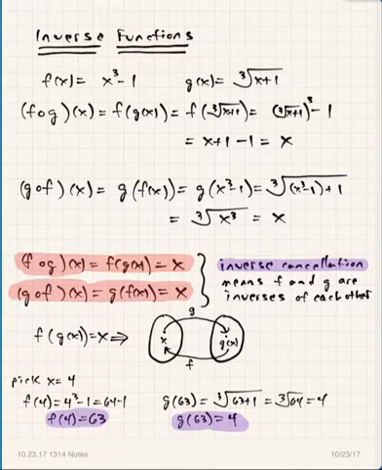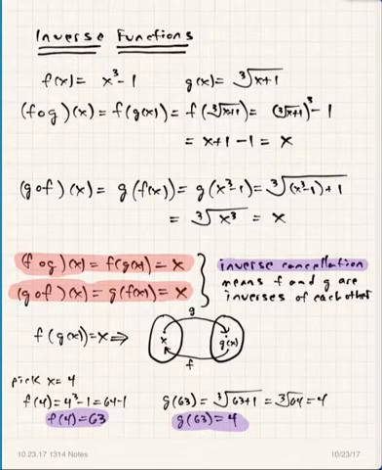So that's a key to two functions being inverses of each other: they have this inverse cancellation property, and that means that they actually switch x and y values. Now I picked 4 and got 63, but I could have used any x value I wanted to in these two functions, and they would always interchange the x and y values.